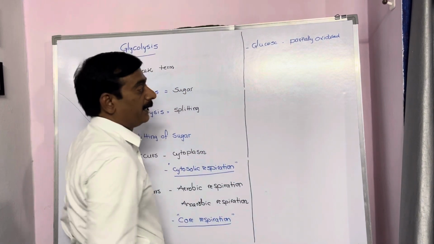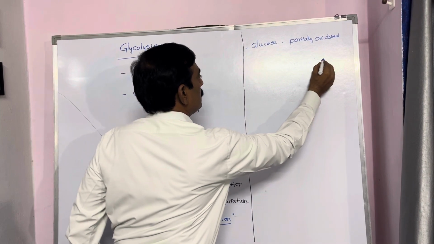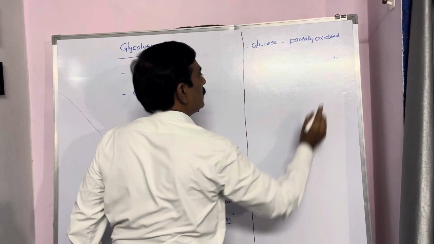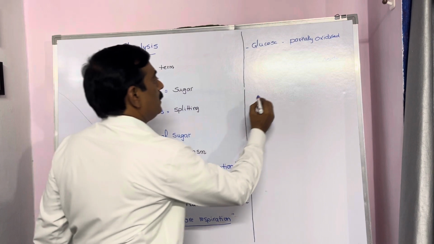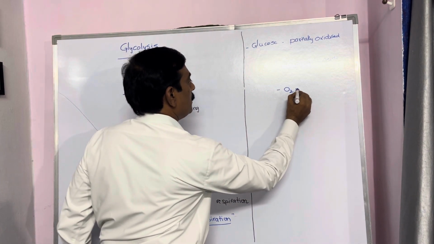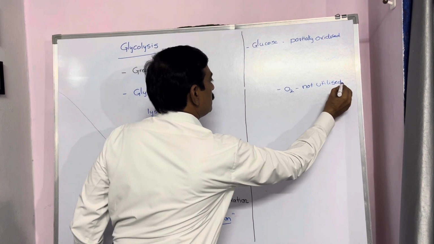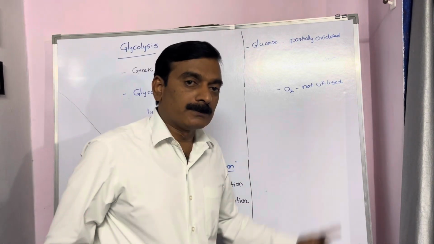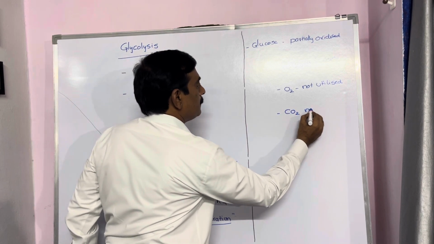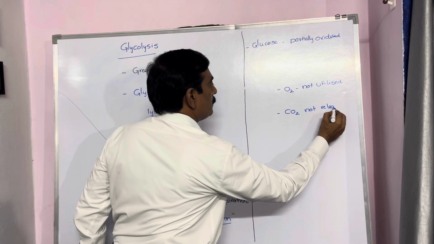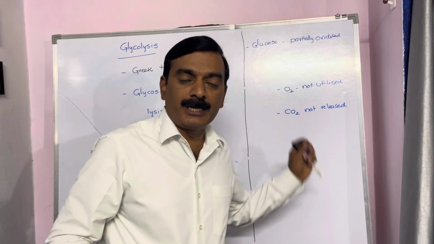One glucose molecule breaks down into two pyruvic acids. But in the glycolysis process, oxygen is not utilized and CO2 is not released.